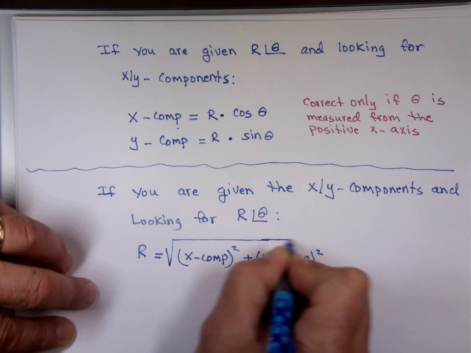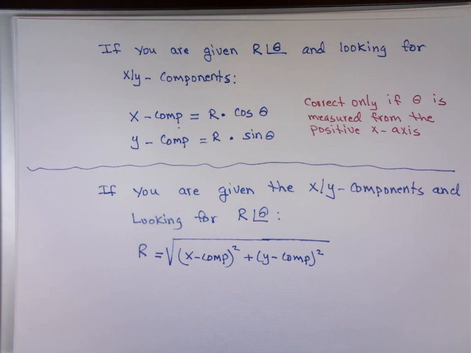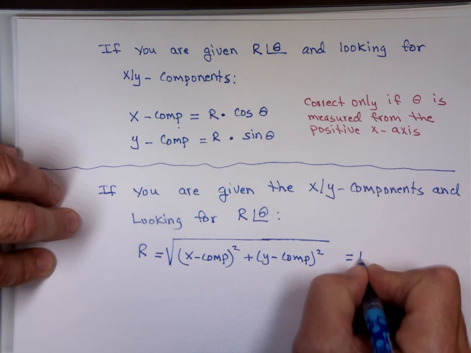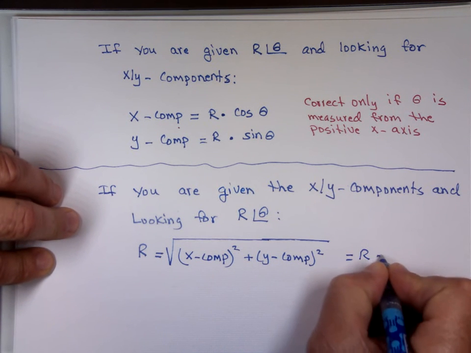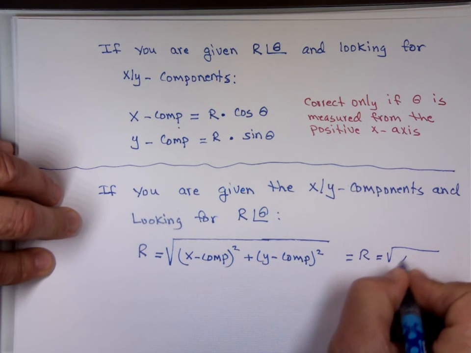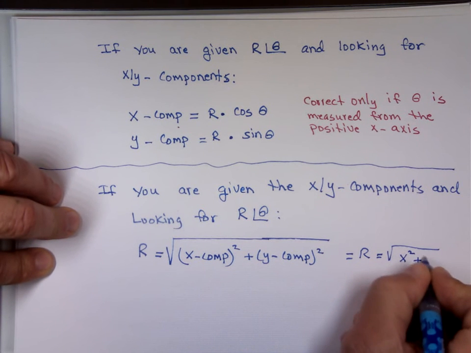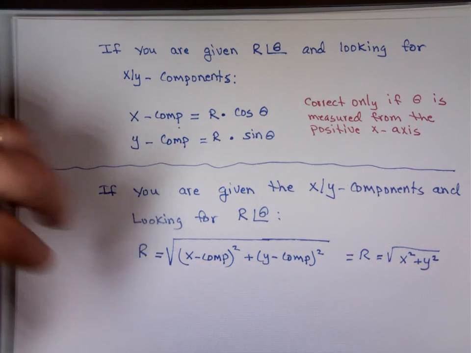The square root, because R, Pythagorean Theorem, R squared equals x squared plus y squared, then you gotta take the square root of that. So the way I write that, usually I go R equals the square root of x squared plus y squared. I'm not gonna write x component, y component, you know.